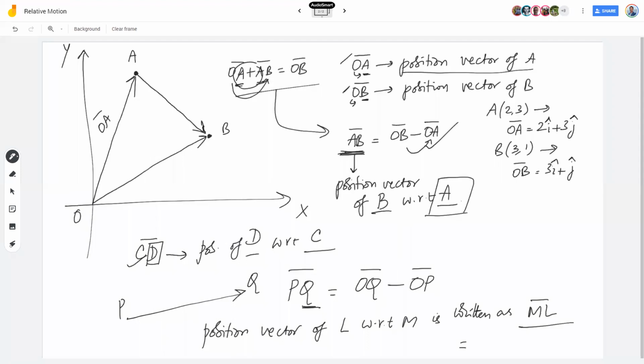As a difference of positions, you should write it as OL bar minus OM bar, the position vector of L minus the position vector of M. The reference vector must be subtracted from the original one. Are we able to understand this? Did we understand this?